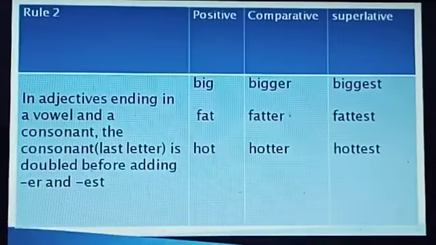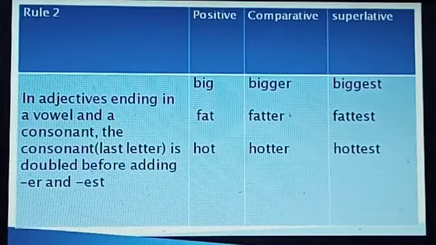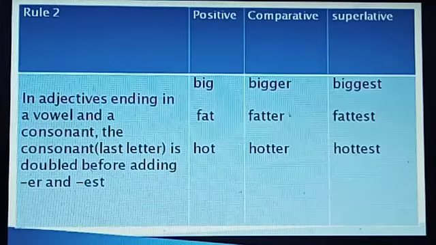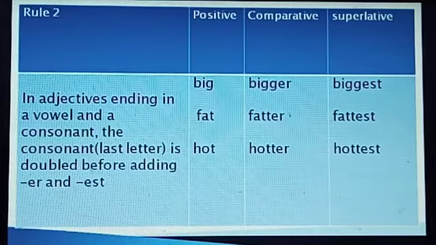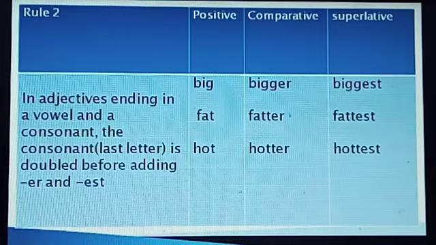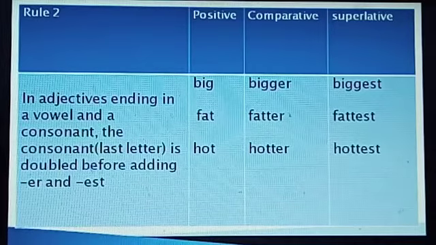See rule number 2. In adjectives ending in a vowel and consonant, the consonant is doubled before adding er and est. When we add er in the comparative degree, we double the consonant letter.